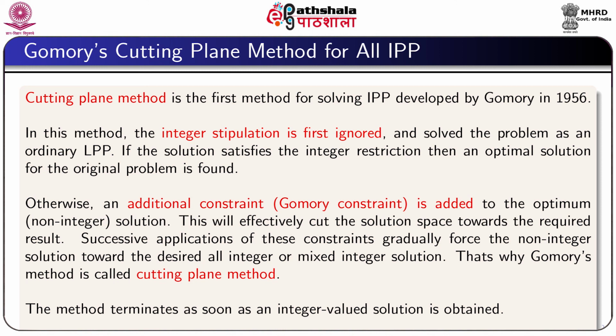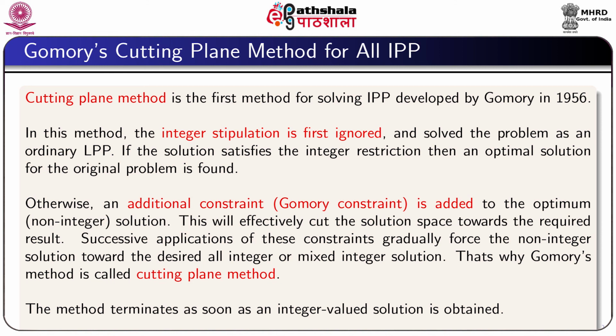In this method, the integer stipulation is first ignored and we solve the problem as an ordinary LPP. If the solution satisfies the integral restrictions, then an optimal solution for the original problem is obtained.